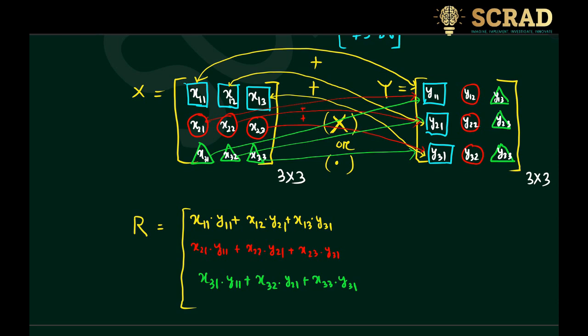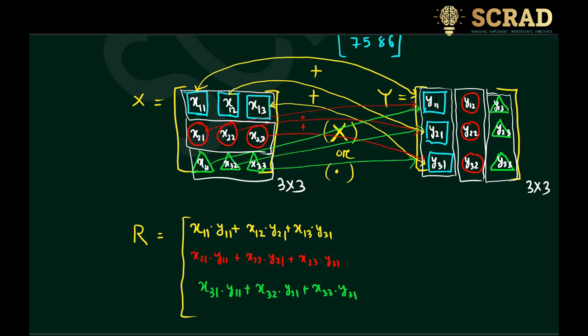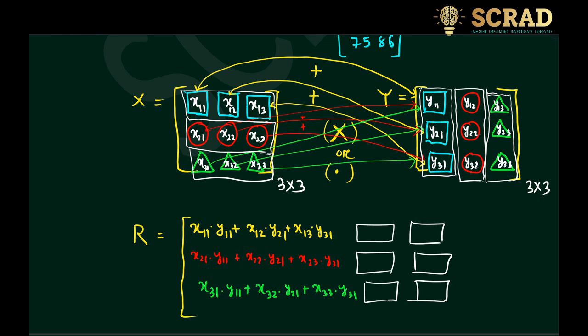Again, we perform the same repetition with every row of x and every column of the y matrix. In this way I can complete the rest of the elements: here I'll get an element, here, here, here, here and here. In total, I will get 9 elements.